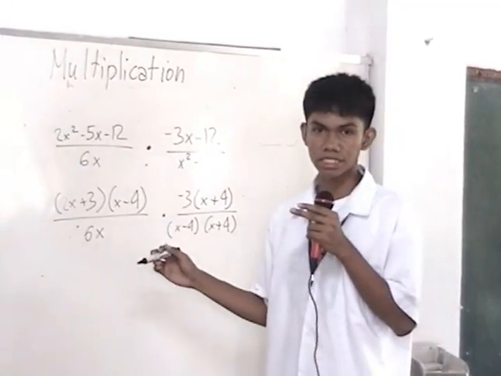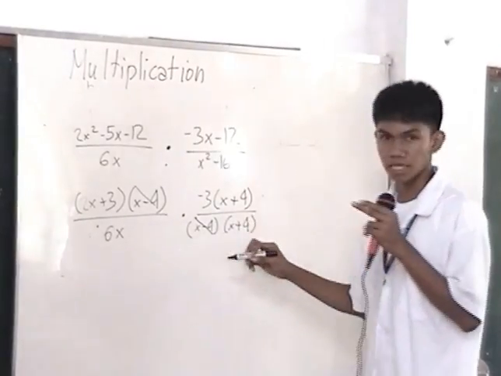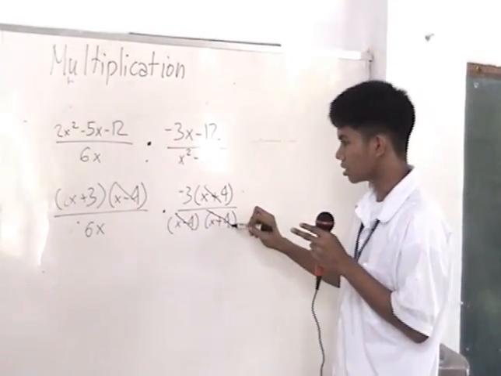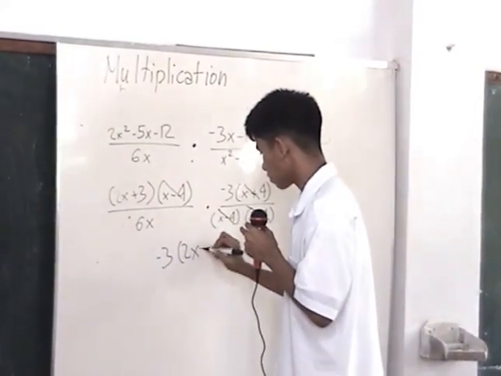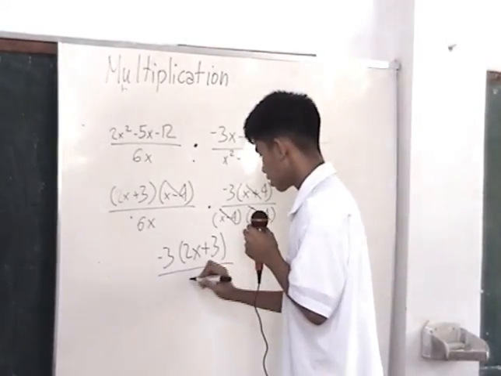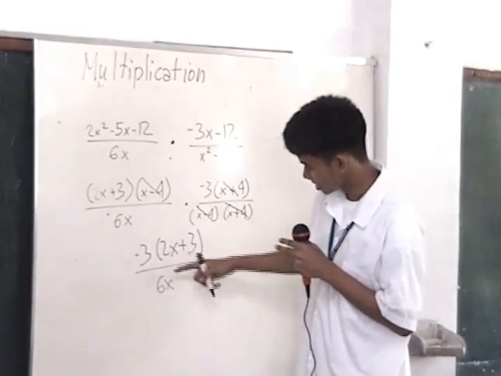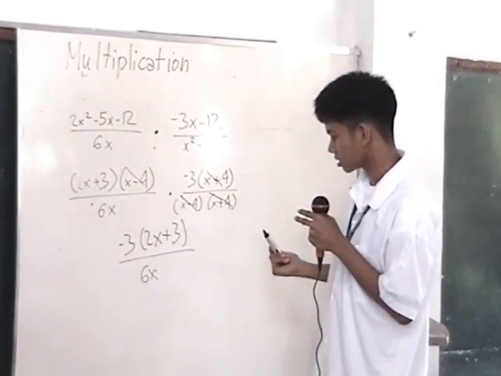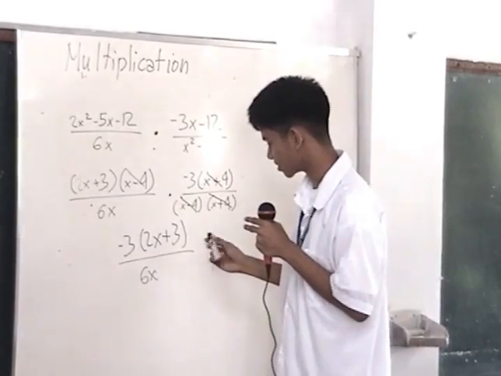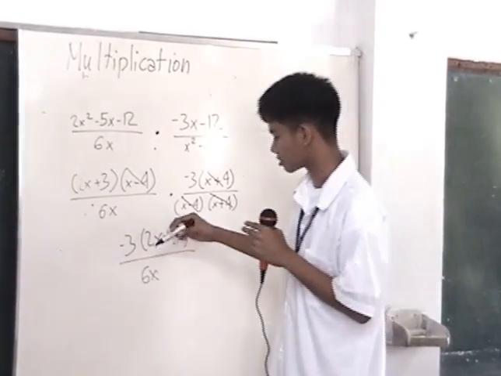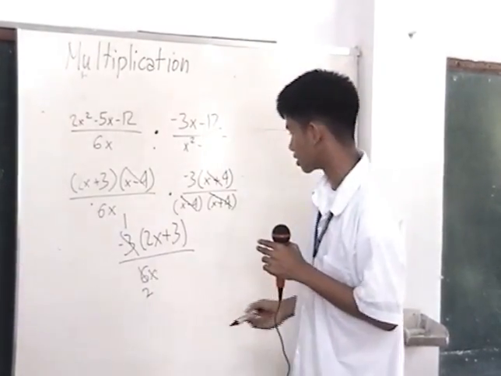After this, we must cancel all same terms. We cancel x minus 4 here and x minus 4 here, and x plus 4 here and x plus 4. The remaining is negative 3 times the quantity 2x plus 3 over 6x. We see that they have a common factor, so we must cancel this out, and 3 over 6 becomes 1 over 2, and this will be negative 1.